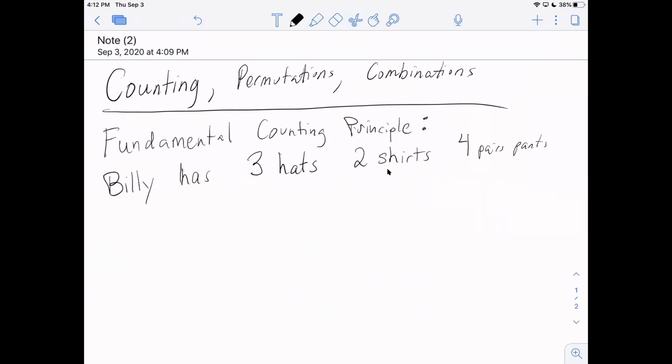The question is, how many different outfits can Billy make?